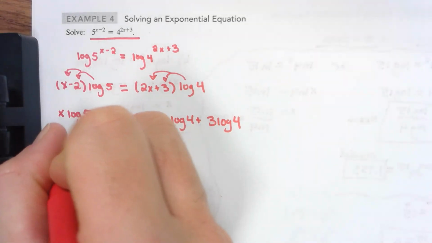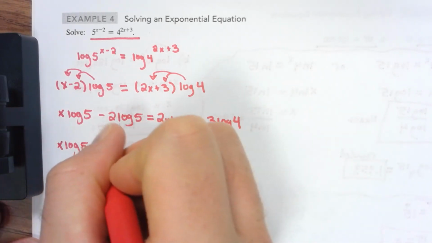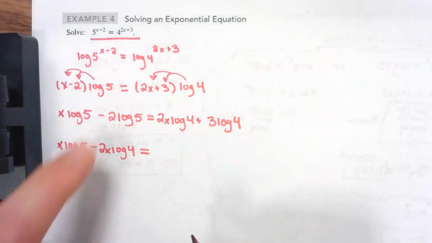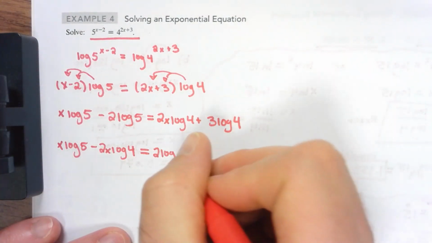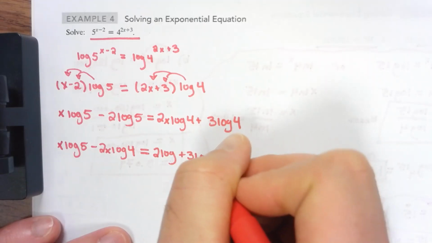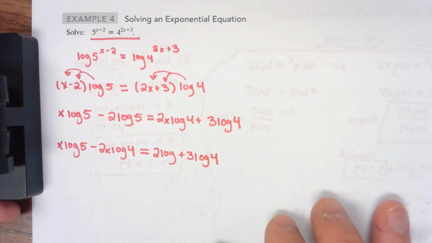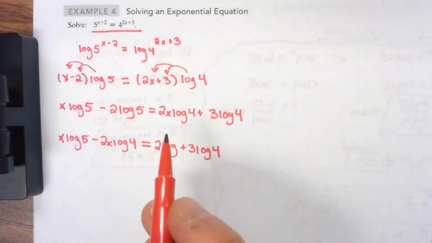So this is x log 5 minus 2x log 4, and then it equals, adding 2 log 5 to the other side, plus 3 log 4. Any questions up to this point?